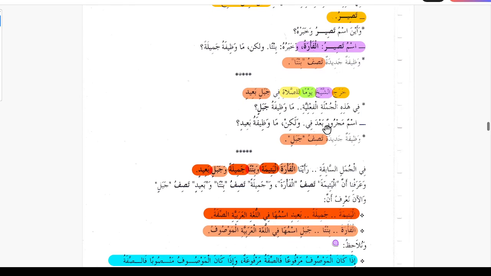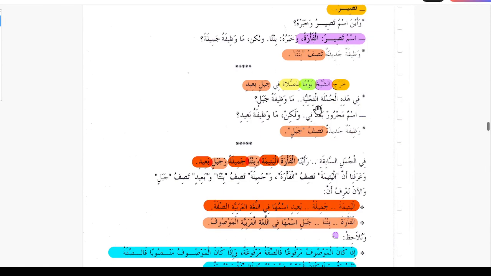Here is another example. Kharaja shaykhu yawman lissalati fi jablin ba'idin. Shaykh left a day for prayer in a far away mountain. Fi hazihil jumlatil failiyati ma wazifatu jablin, what is the function of jablin?